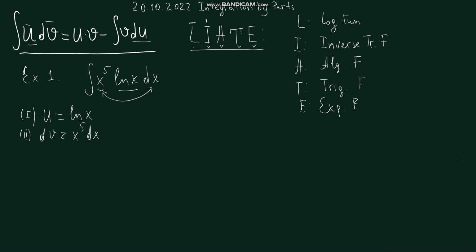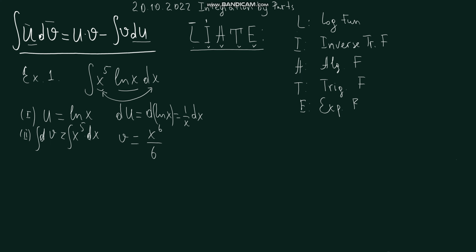In order to find du, we take differentiation from both sides, and we have du equals d ln of x, which means 1 over x dx. And in order to find v, let us take the integral from both sides of the second equality. So we have v equals x to the 6th power over 6.